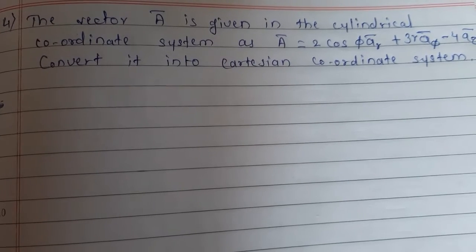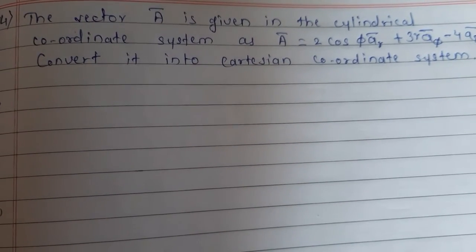So first, the vector a bar can be expressed in the Cartesian coordinate system.